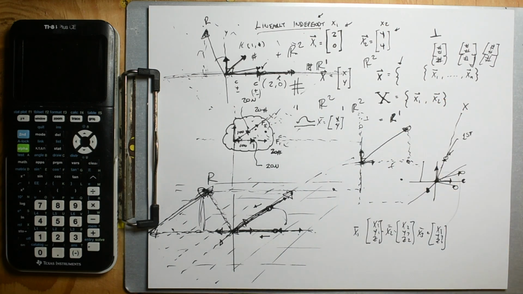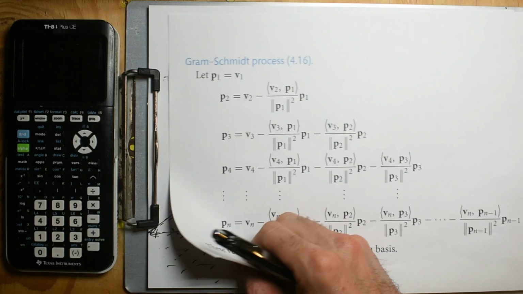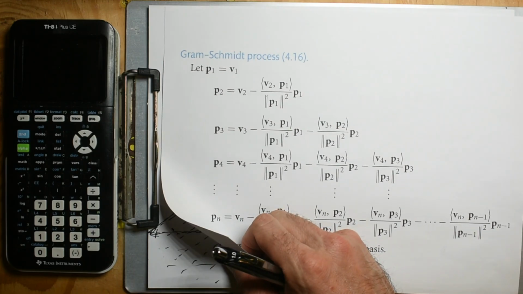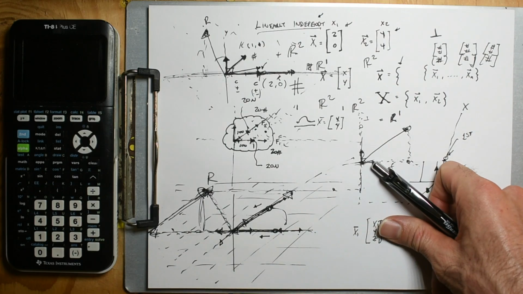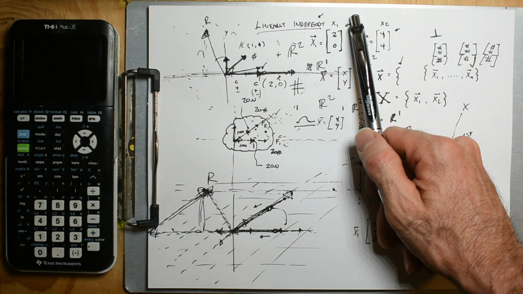I think this is the most important part. I mean, I can do the Gram-Schmidt. Who cares? I can walk through the process, but I'm struggling here, and this is good. What the hell is a linearly independent set of vectors?